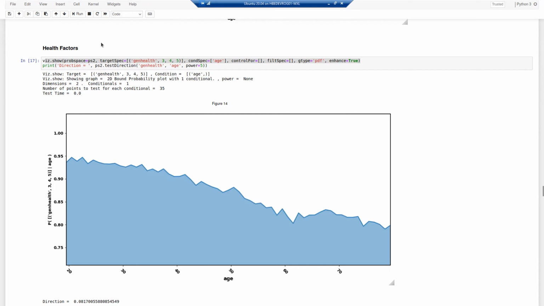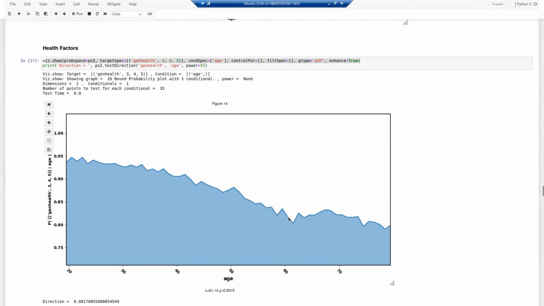This is the probability of health being good or better, so good, very good, or excellent, given your age. And again, no surprises. It gets worse as you get older. But good news is it's not that much worse. So it goes down from 95% reporting good health down to about 80% by the time you reach age 80.